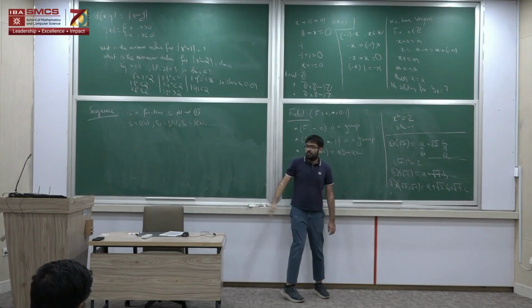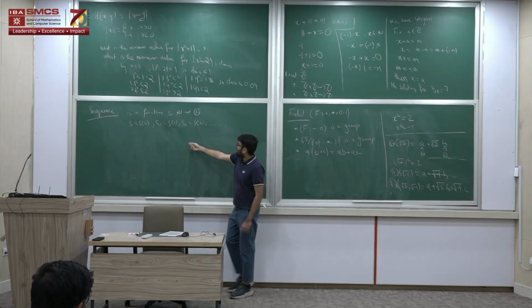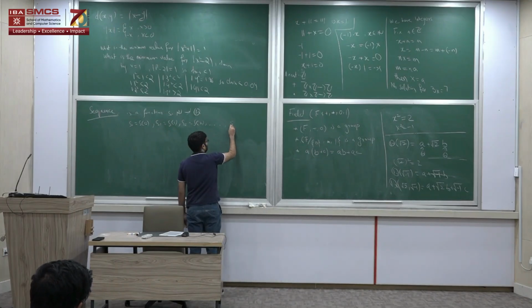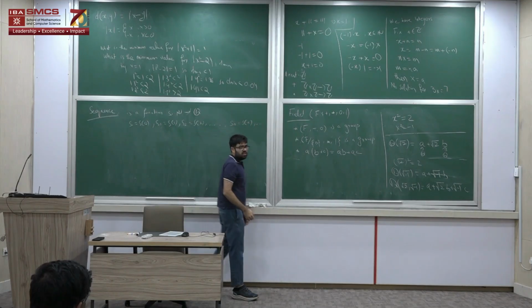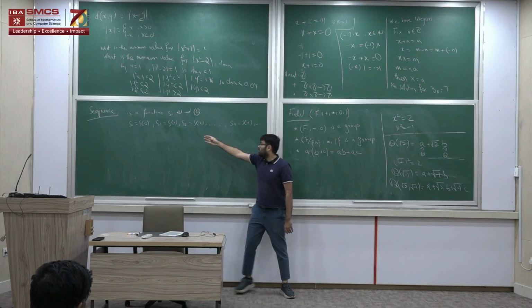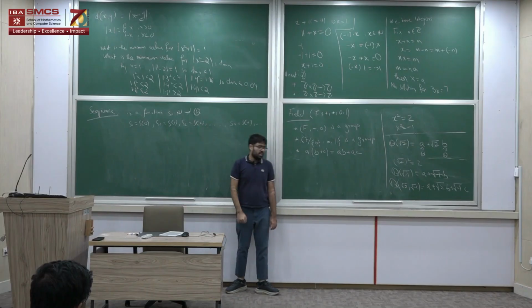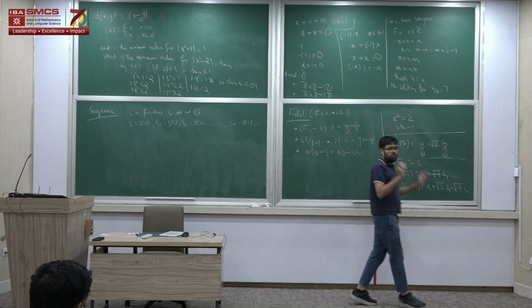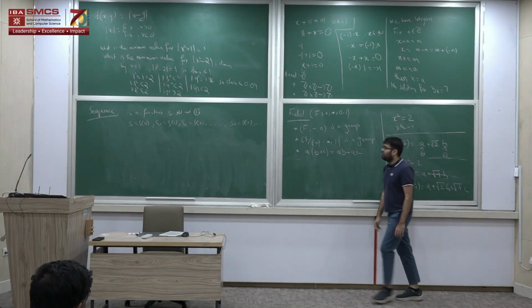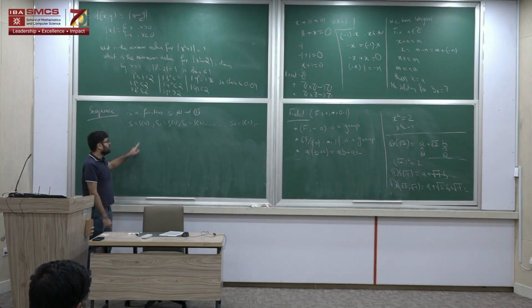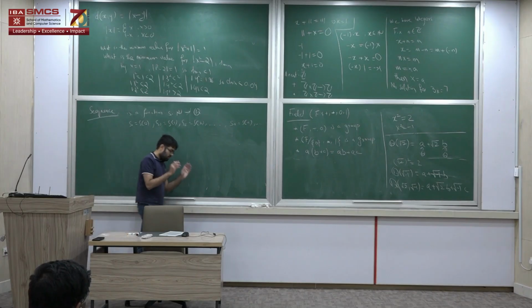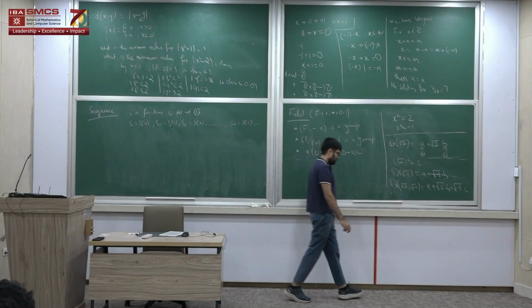So if I tell you what the value of this function is at any natural number n, and I do this for all the natural numbers, I have told you what the function is. So I will represent this function as a list where the first element is the value at 0, second is the value at 1, third is the value at 2, and so on.